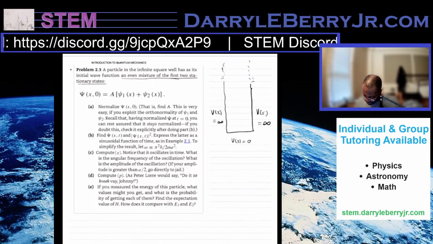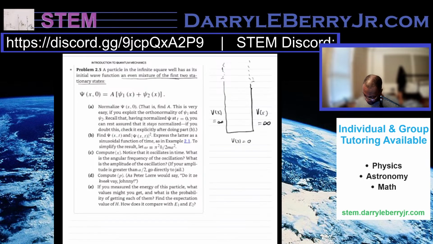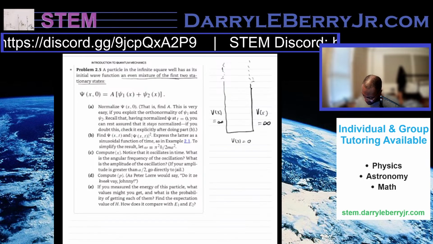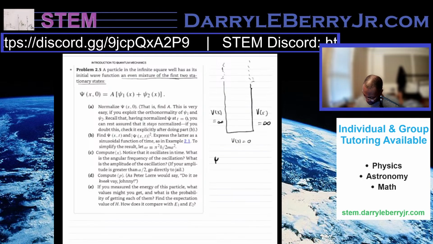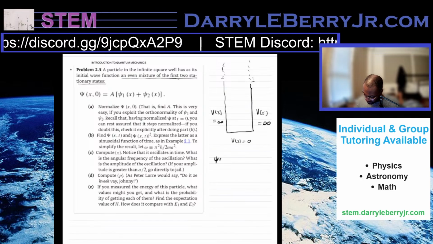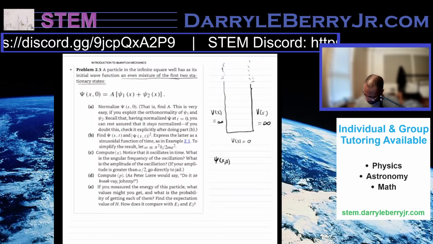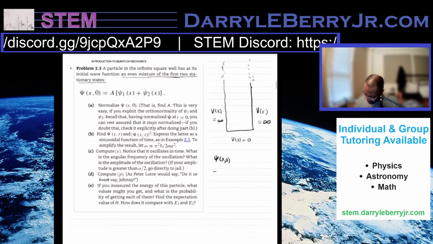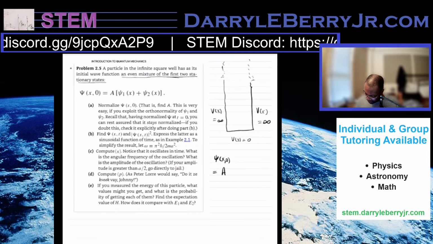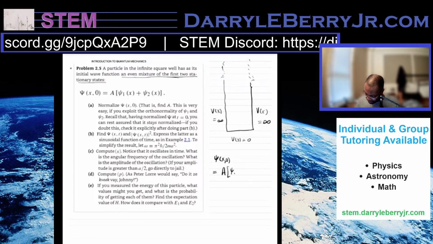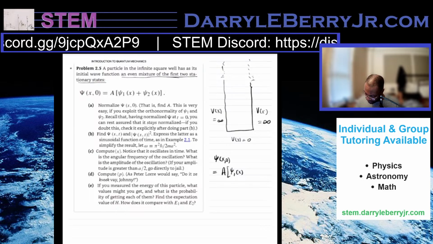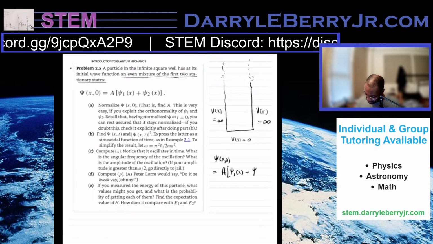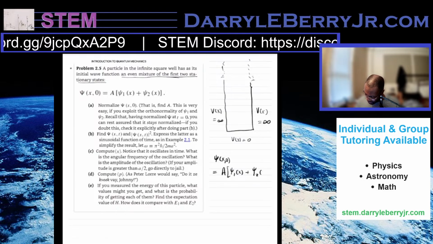And it has an initial wave function, an even mixture of the first 2 stationary states. So the initial state of the particle at time equals 0 equals A psi 1 of x plus psi 2 of x.